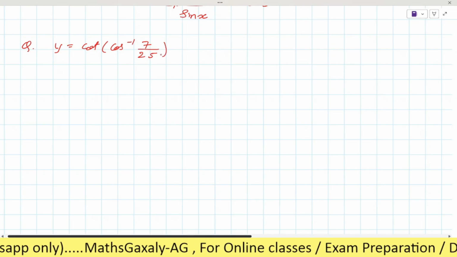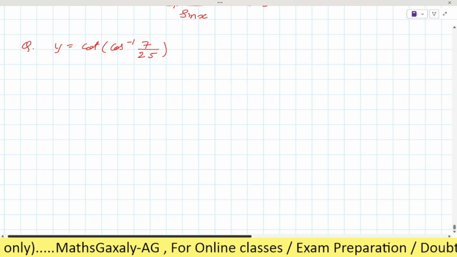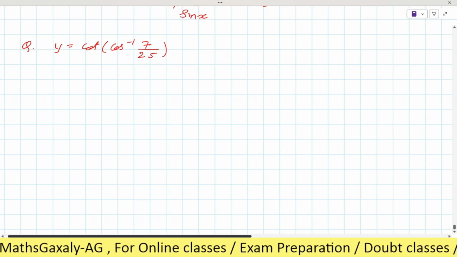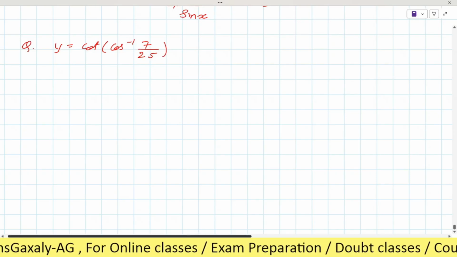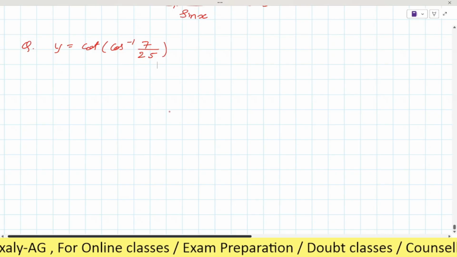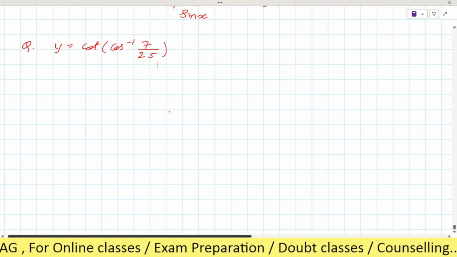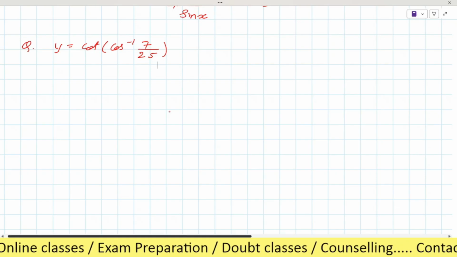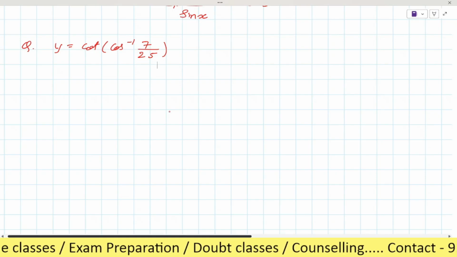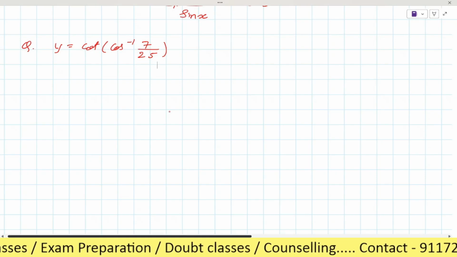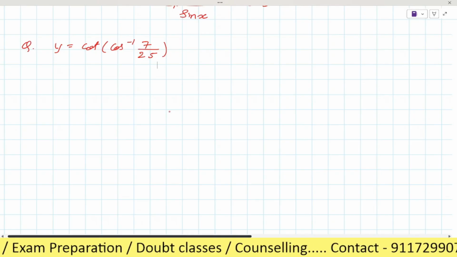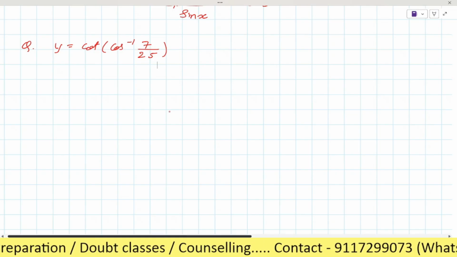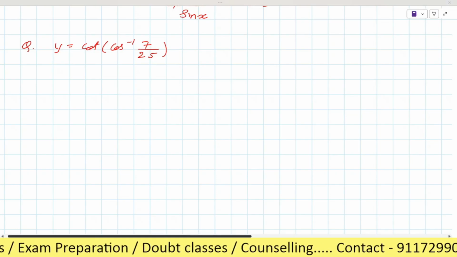Tell the question: y is equal to cot cos inverse 7 by 25. I have written it here. You can see it. Just try it by yourself. Then I will guide you how you have to solve this type of question step by step. First try by yourself.